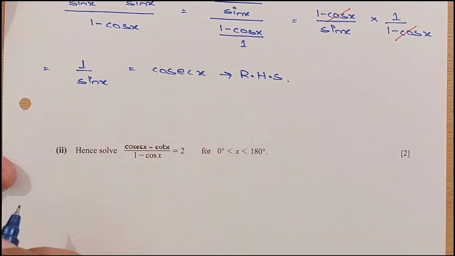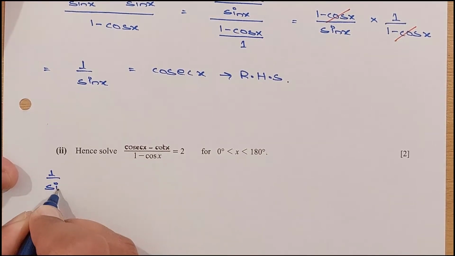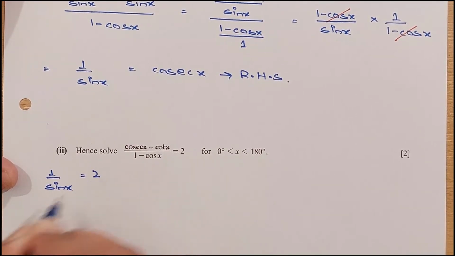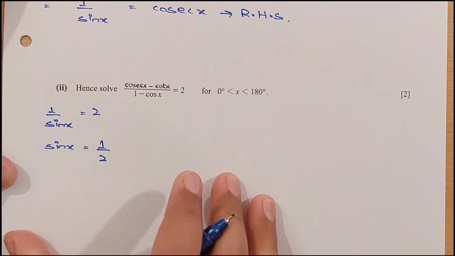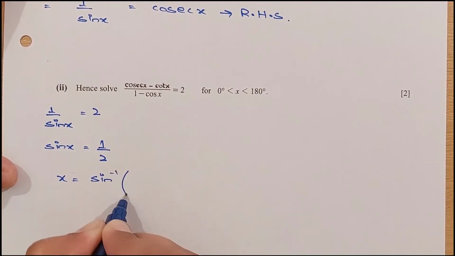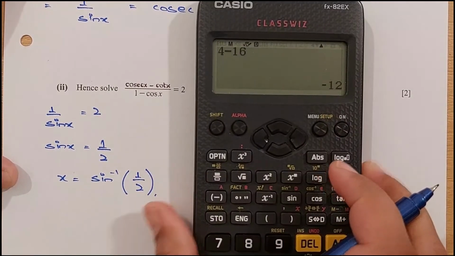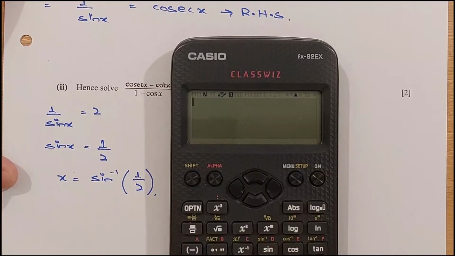Now for the second part, hence solve this equals 2. So we have to put cosecant x equals 2, right? So 1 by sine x equals 2. From here sine x is 1 by 2. You have to solve this when x is between 0 and 180. So what is the x value? x is sine inverse of 1 by 2. Okay, this is in degrees, right?